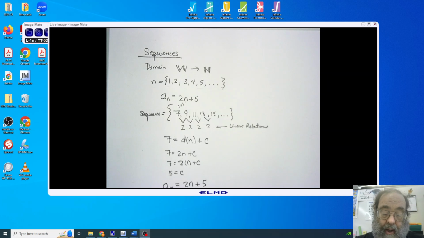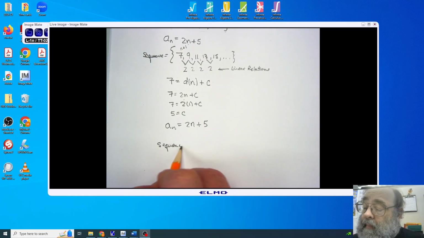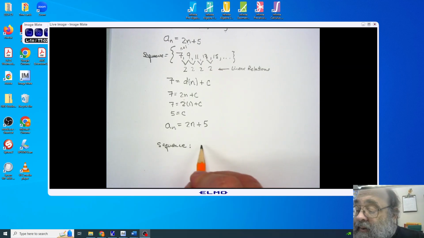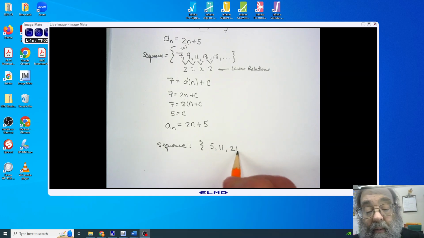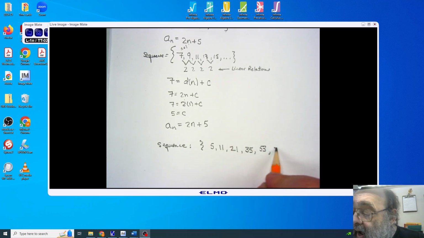And we're looking at n equals 1, 2, 3, 4, 5, and 6. Alrighty, so I've generated a sequence, and I'm telling you that we have a sequence that is 5, 11, 21, 35, 53, 75, and it continues infinitely.